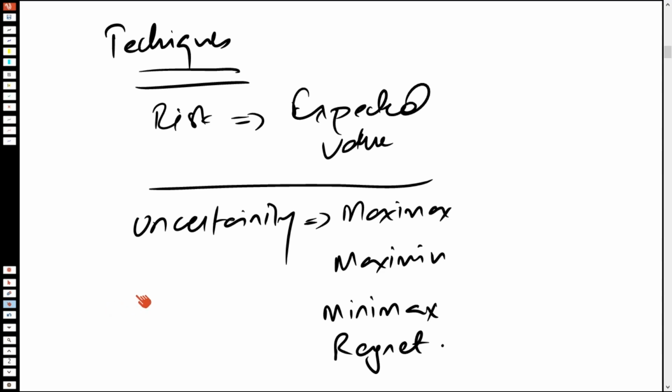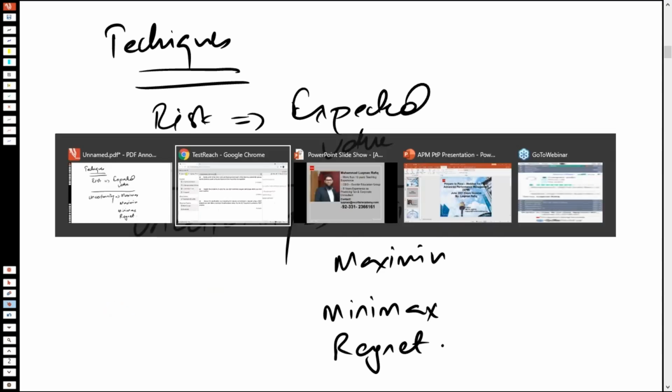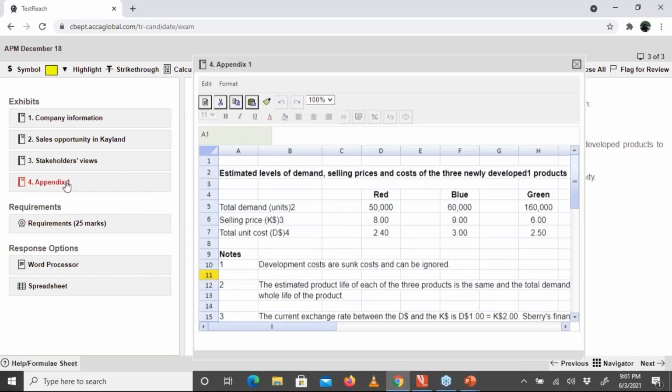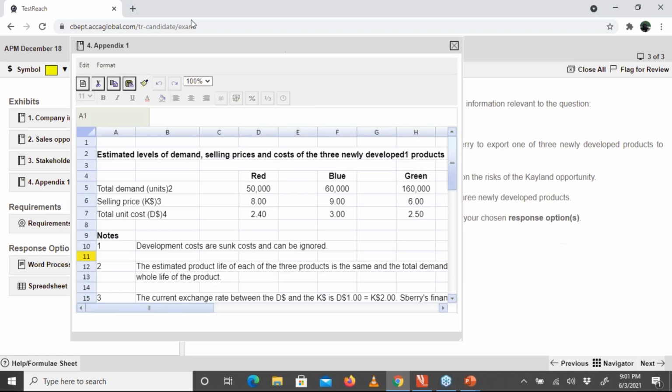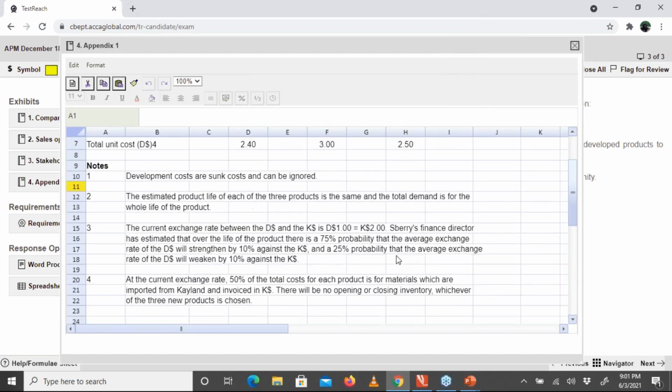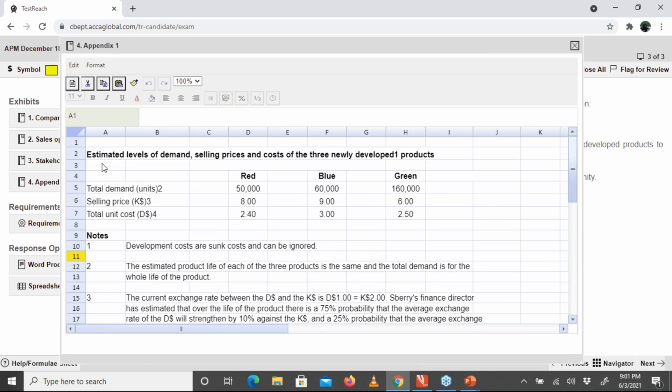Right now, we have understood this concept, when it says to advise each of the three stakeholder groups whether to choose to export the three newly developed products. I'll go through Appendix 1 because it has a lot of information. It says estimated levels of demand, selling prices, and cost of the three newly developed products: red, blue, and green.